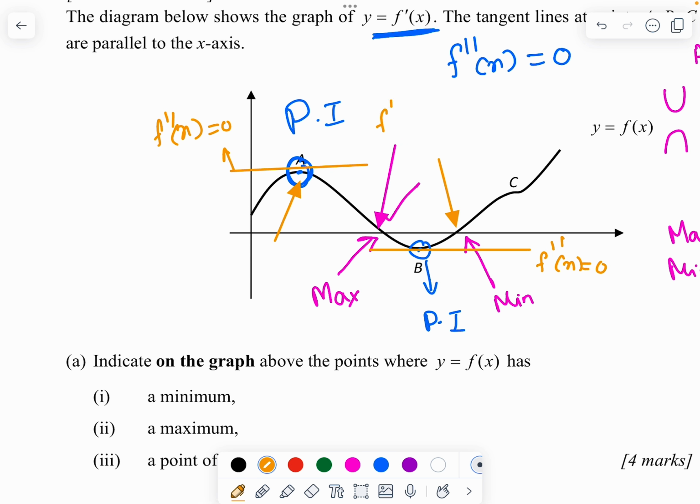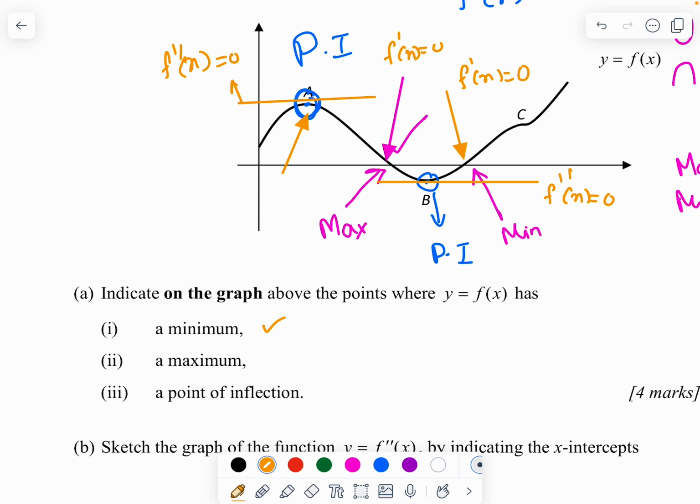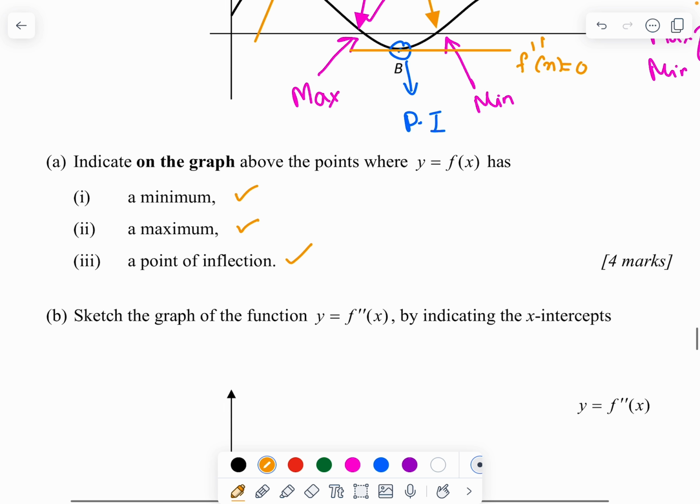And over here f prime x equals 0, and over here also f prime x equals 0. Whenever f prime x equals 0, it is going to be a maximum point or a minimum point. So we have found the maximum point, the minimum point of the function, and also the point of inflection.